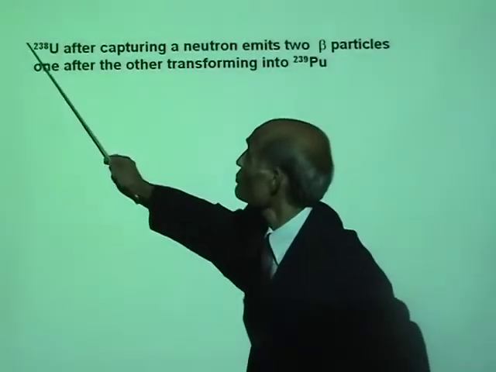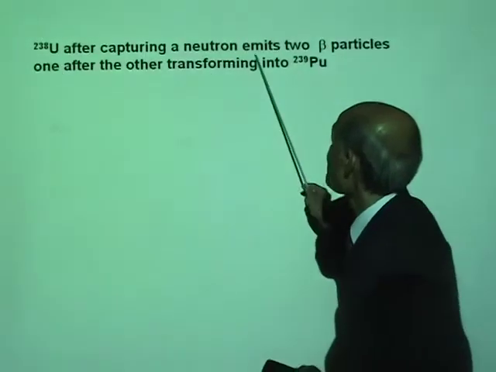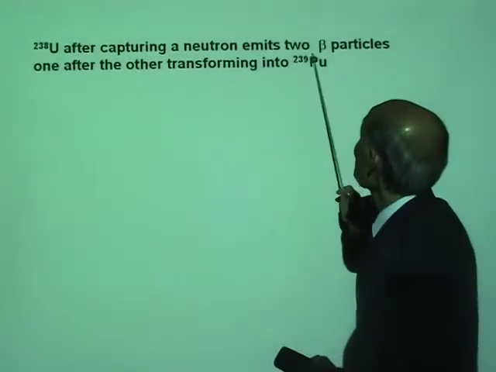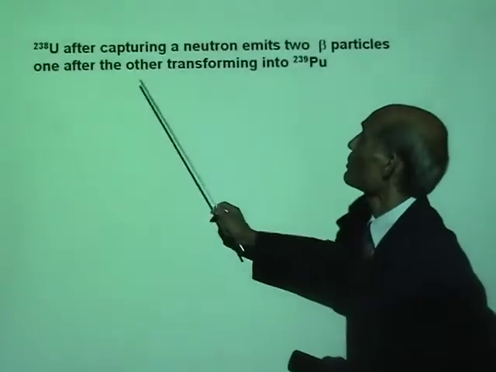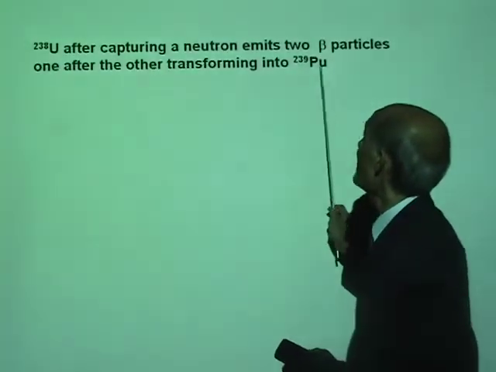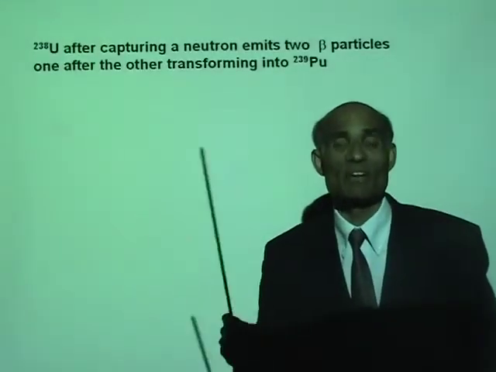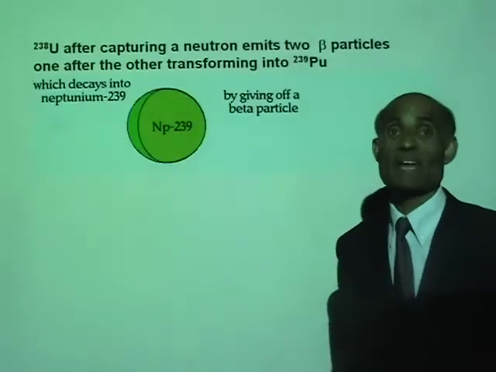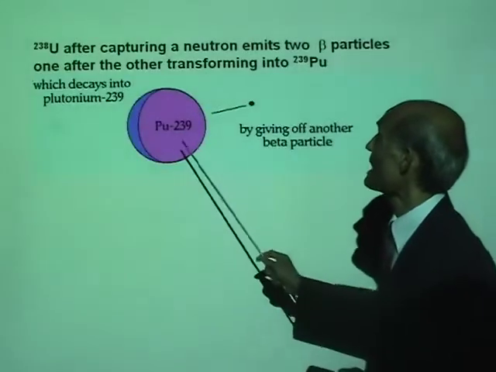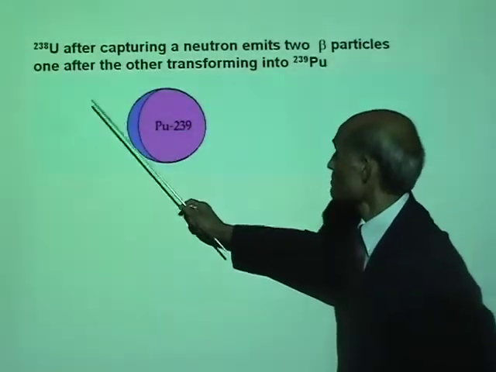So uranium-238, after capturing a neutron, emits two beta particles, one after the other, transforming into plutonium-239. This is the process that happens inside the breeder reactor.